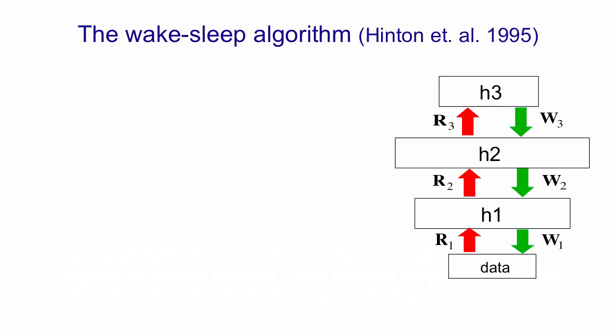Those are the weights that define the probability distribution over data vectors. We've got some extra weights, the weights shown in red for recognition weights, and these are weights that are used for approximately getting the posterior distribution. That is, we're going to use these weights to get a factorial distribution at each hidden layer that approximates the posterior, but not very well.